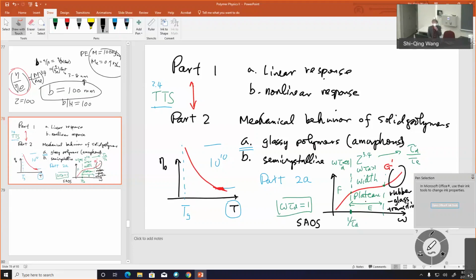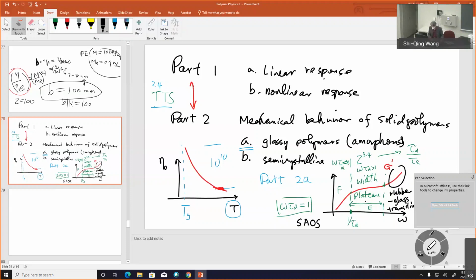Because when that happens, not only can the chain not swim out of the tube, even at the segmental level, the chain looks frozen. In other words, you are so fast, even the segment is not able to move within the time provided by the frequency, which is 1 over the frequency. So that's where it becomes rigid, more rigid, stiffer.